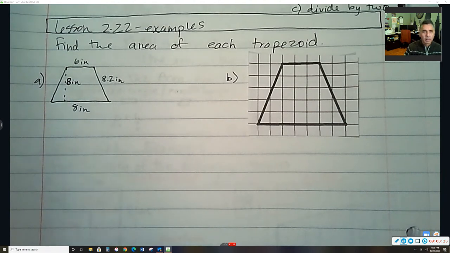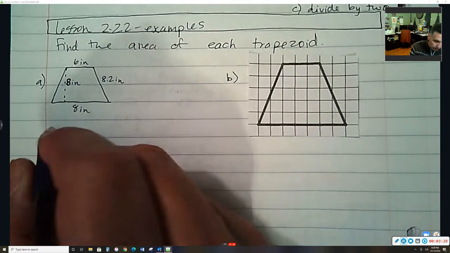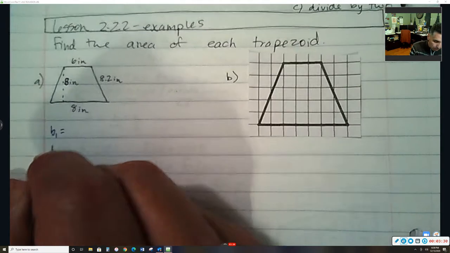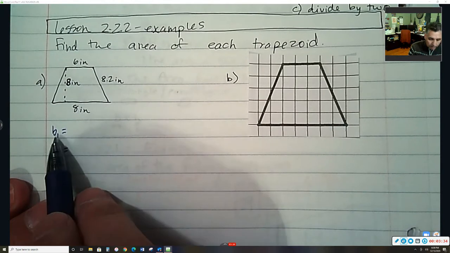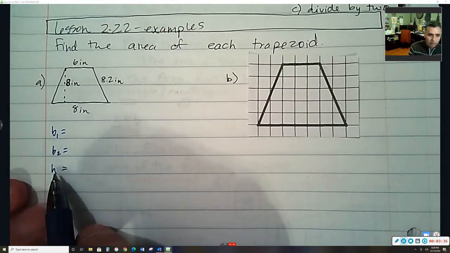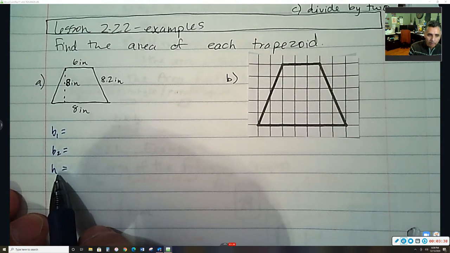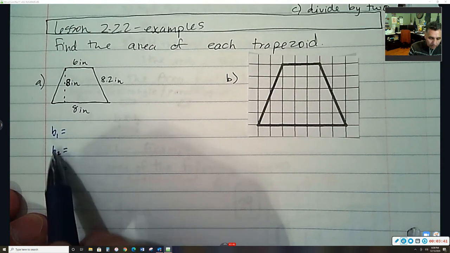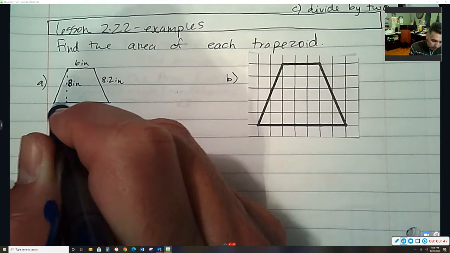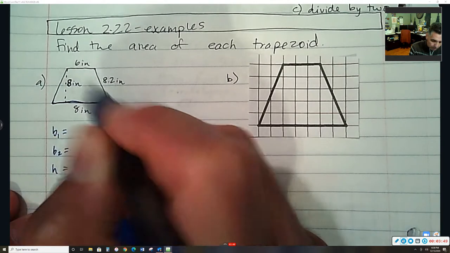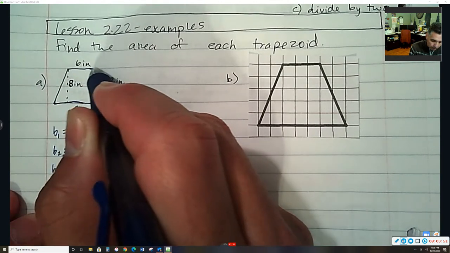So whenever we do these, it's always good to identify the different values that we need for the variables for the formula. Like we need to know base 1, base 2, and we need to know the value of the height. Remember, these two are the measures of the lines that are parallel, or the lines that are moving in the same direction. See, this one and this one are moving in the same direction.